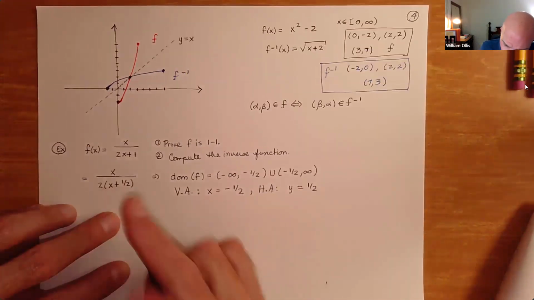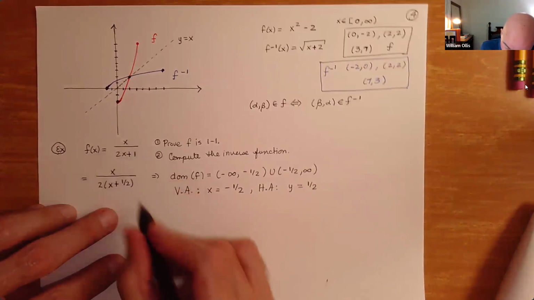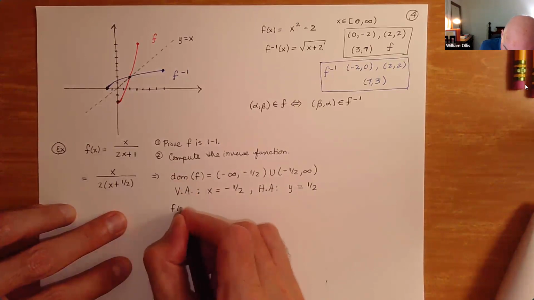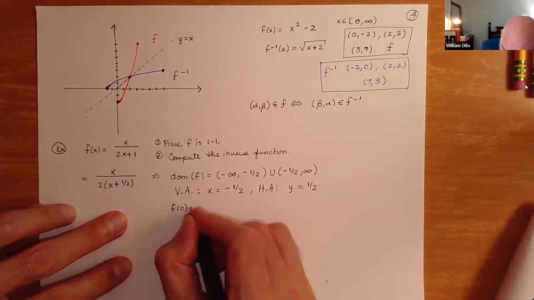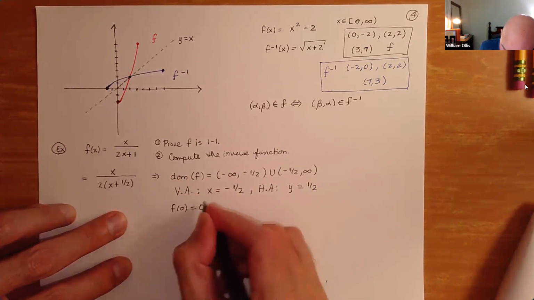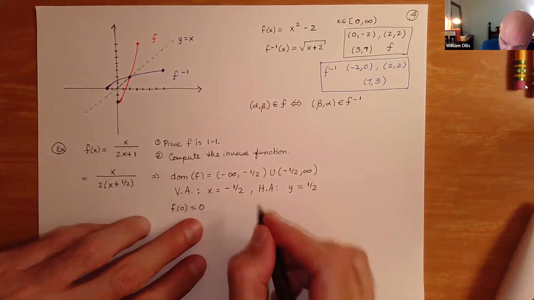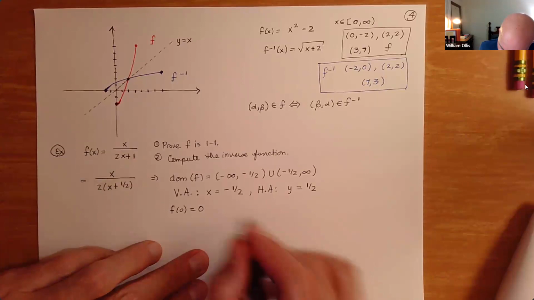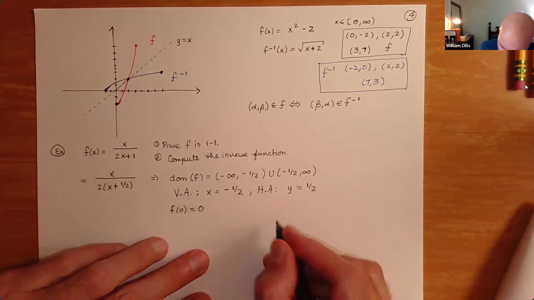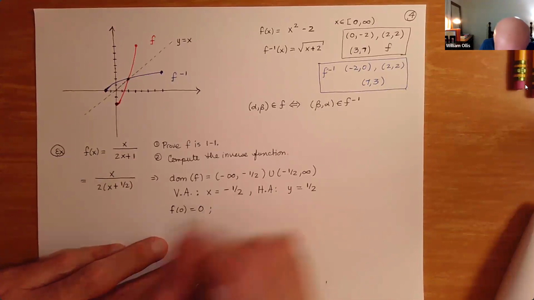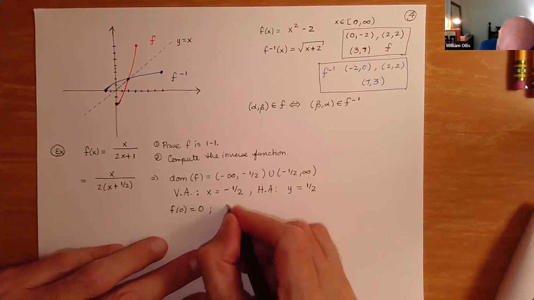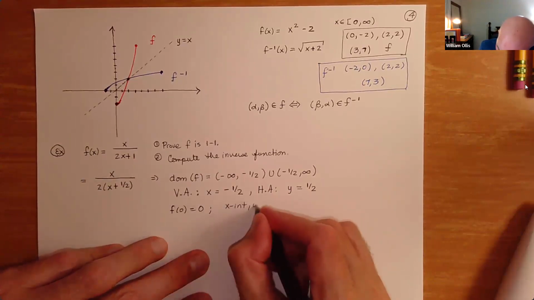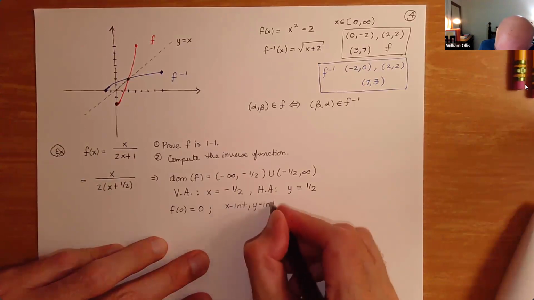Now, just as some very simple ideas here, notice we have f of 0 is just 0. And again, when is f 0? When x is 0. So the y and the x-intercepts are the same. So we'll just say x-intercept, y-intercept, they're the same, just 0.